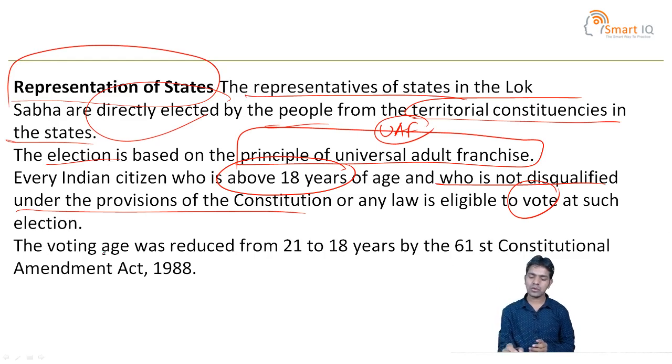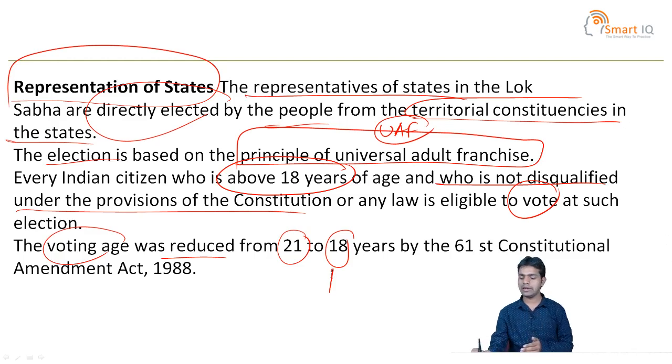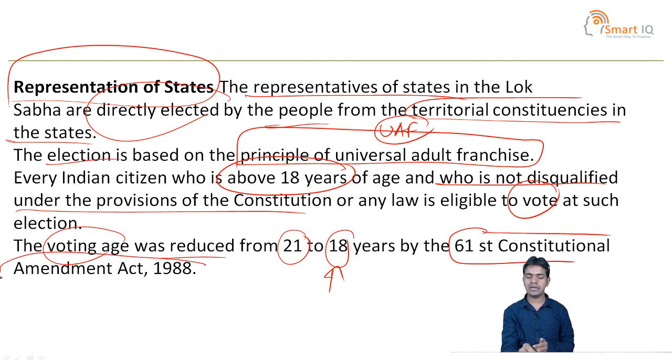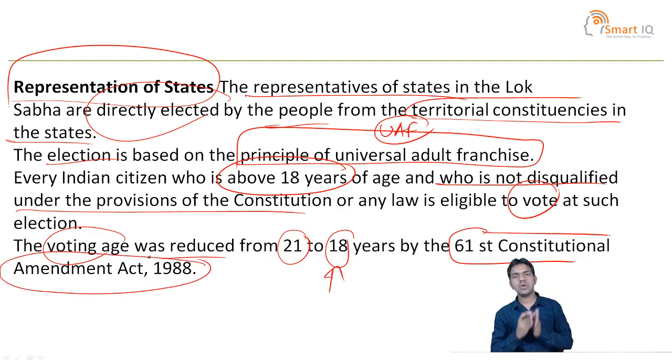The voting age was reduced from 21 to 18 years by the 61st Constitutional Amendment Act of 1988. Very important.